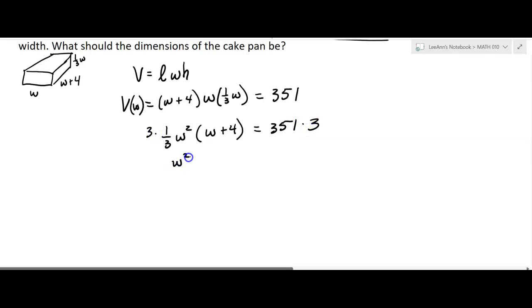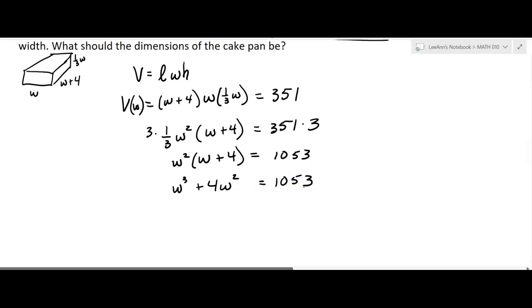And it's an equation I'm trying to solve, so I can do that. And I get 1053. All right, so if I distribute, I get W cubed plus 4W squared equals 1053.